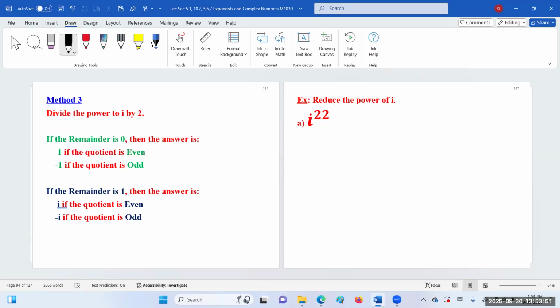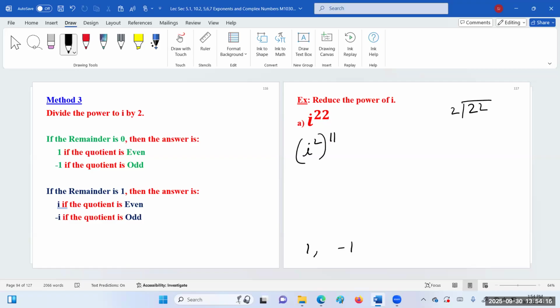So 22, is 22 odd or even? Even. That means what are the two choices we have for the answer? 1 or -1, one of them. So what do we do? We see how many i squared we have. 11. If you have no idea how we are figuring that out, basically we are dividing the power by 2.